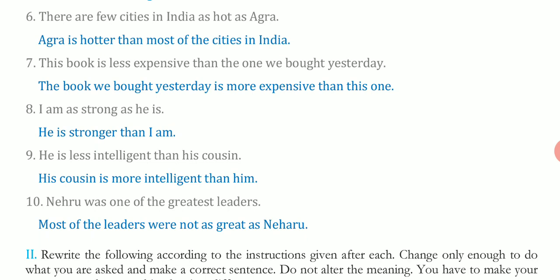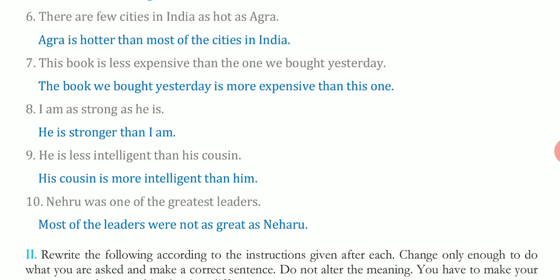I am as strong as he is. That is positive degree. He is stronger than I am. That is comparative degree. He is less intelligent than his cousin. That is comparative degree. Than has been used here. His cousin is more intelligent than him. That is also comparative.